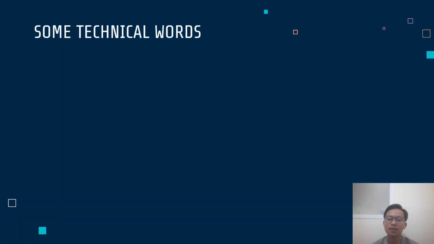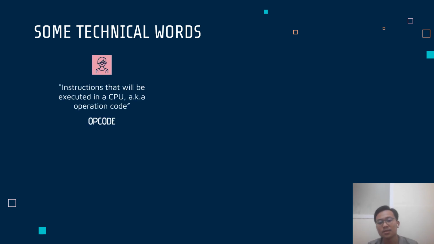So there are some technical words that are used in the CPU itself, just for your knowledge, such as opcode. Well, I said before that there are some instructions that will be executed in the CPU, and its own name is opcode.